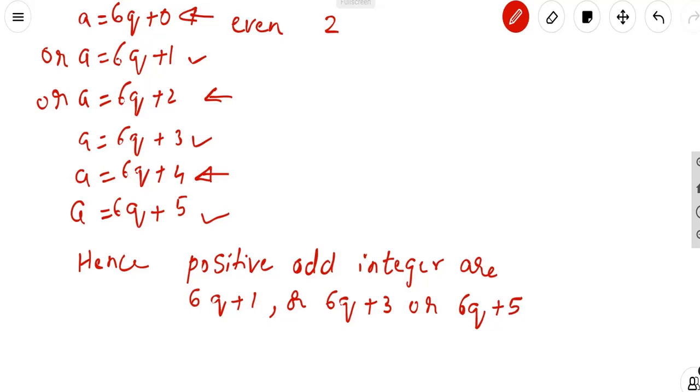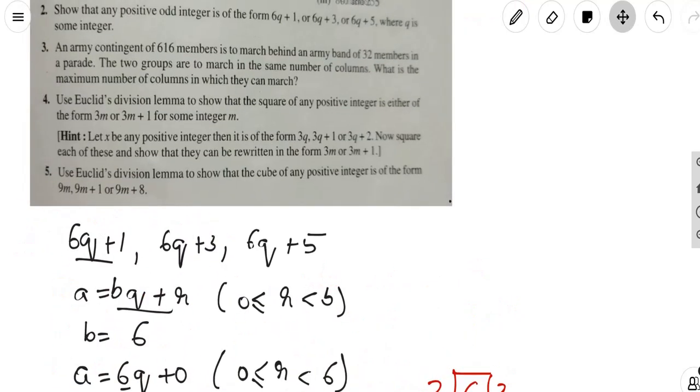I hope you have understood this problem. Okay, so we'll go for the next problem, that is problem number 3. Now if you see this problem number 3: an army contingent of 616 members is to march behind an army band of 32 members in a parade. The two groups are to march in the same number of columns. What is the maximum number of columns in which they can march?